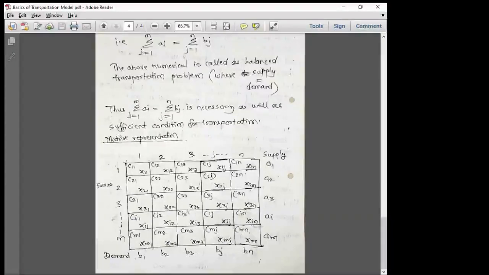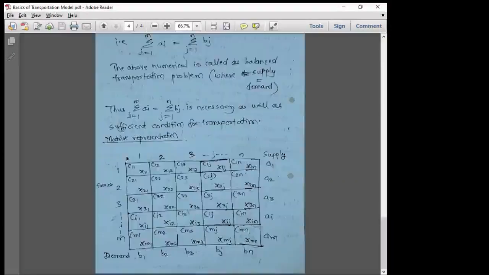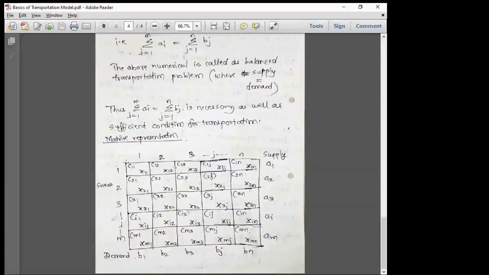This particular value of C11 is to be written at the extreme top of this particular cell. Everywhere you will be seeing that I've written C values, all the C values are written at the top. Now what is X11? X11 is the number of units supplied from factory number 1 to destination number 1, right? So next, X12 is the number of units supplied from factory number 1 to the destination number 2.